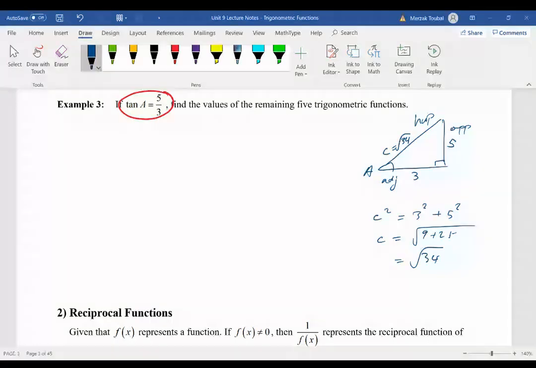We can start with the cotangent, the one we can get directly from tangent. Cotangent of A is the reciprocal of tangent, so it would be simply 3 over 5. Then if we look at sine of A in the triangle, sine is the opposite over the hypotenuse, which is 5 over square root of 34.